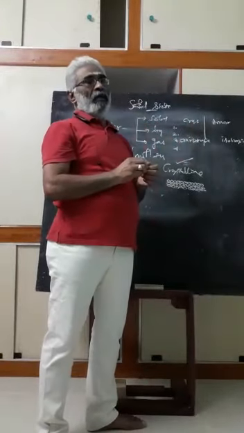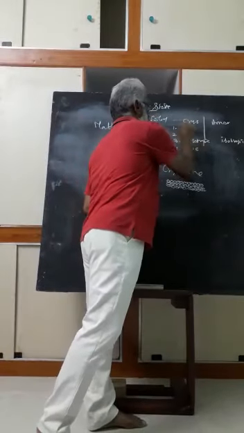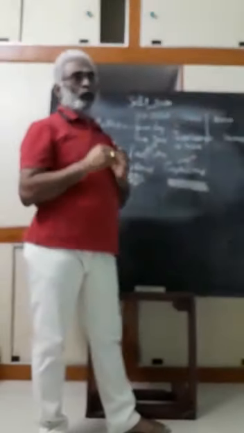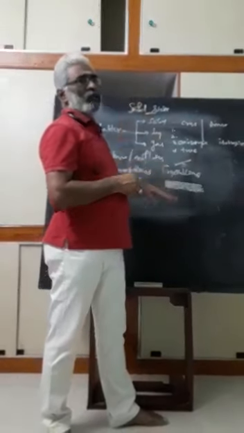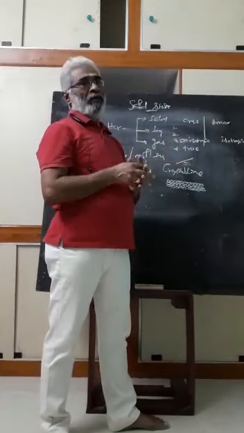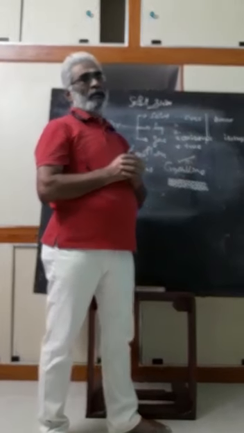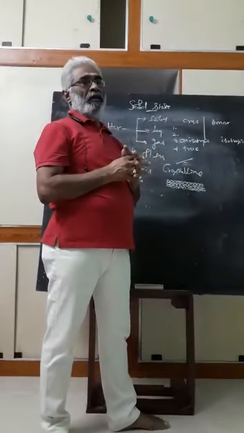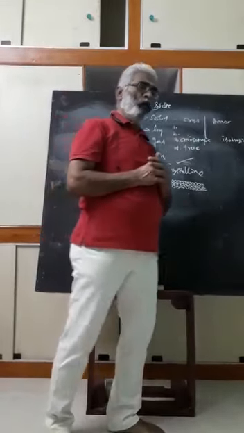Fourth, when you compare these two, crystalline solids are real, true solids. What we mean by true? These are the actual solids. What about amorphous solids? They are not actual solids, so they are called pseudo solids. They are also called supercooled liquids. Why do we call them supercooled liquids?